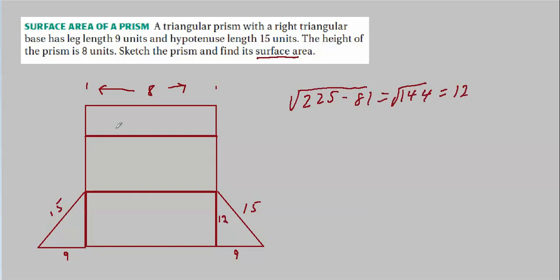What about these other sides? Well, when we fold this up, remember this triangle is going to be folded up so it's sticking out of the page here. When we fold it, this side is going to have to match up with the hypotenuse right here, isn't it? So that makes this one 15.